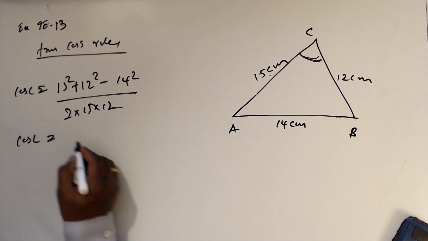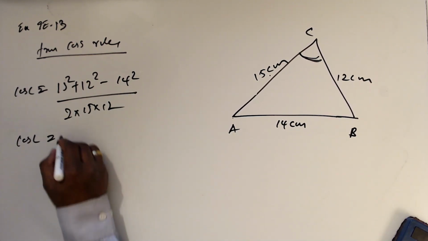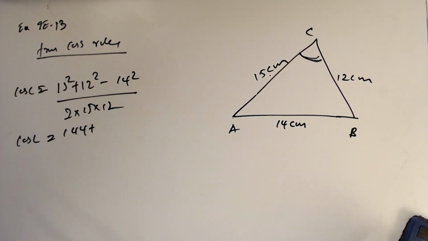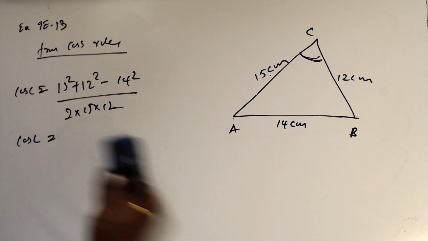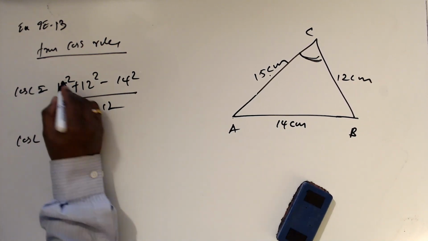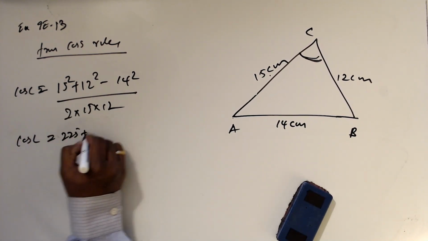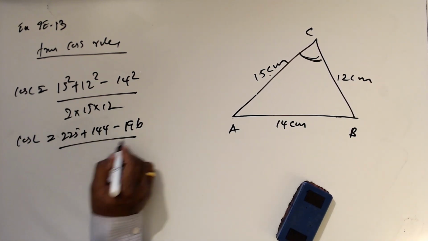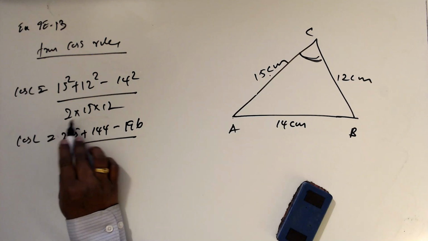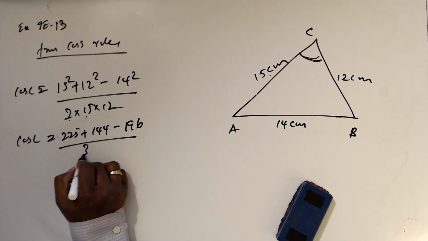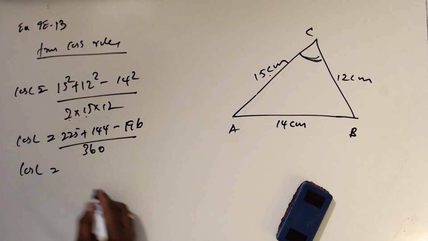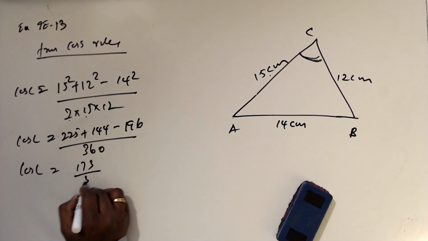So cos C equals 225 plus 144 minus 196, divided by 2 times 15 times 12, which is 360. So cos C equals 173 over 360.